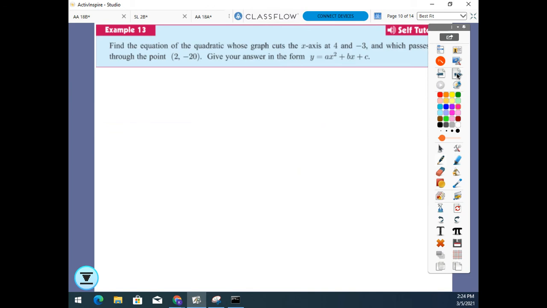Okay, so this wants us to find the equation whose graph cuts the x-axis at 4 and -3. So that gives us 2 intercepts. So I'm just going to plug that part in right away. It also gives us a specific point of 2, -20.